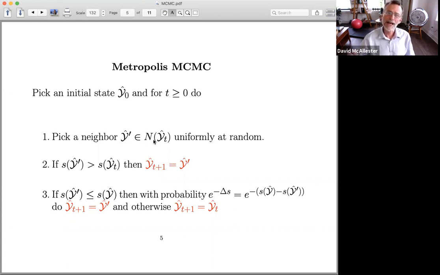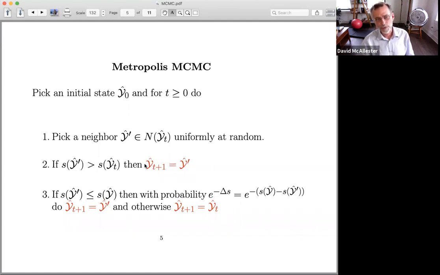And then we're going to decide stochastically whether or not to move to that neighbor. So it's a stochastic transition. It's stochastic in that we pick a random neighbor and we decide whether or not to go there. So if the neighbor that we picked has a better score than our current state, in some sense it's more desirable, that implies that it has a higher probability under the softmax distribution.